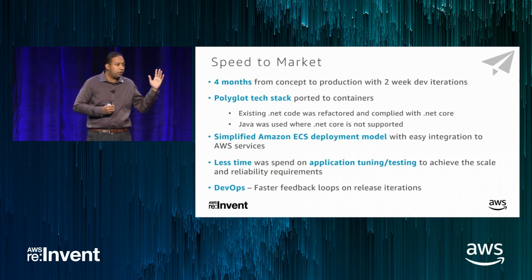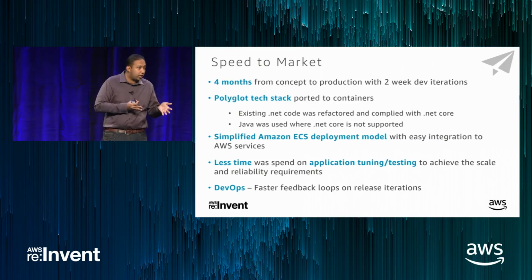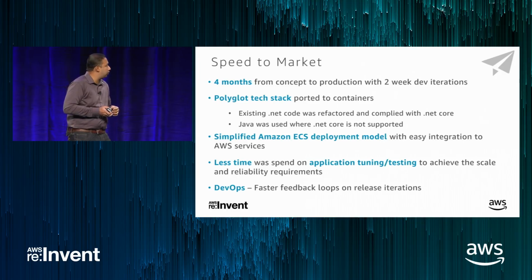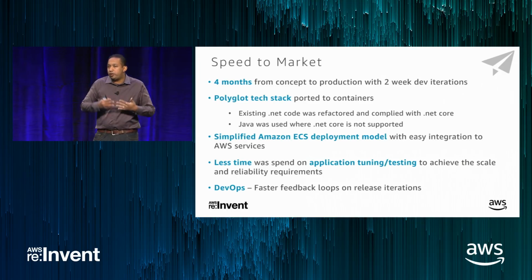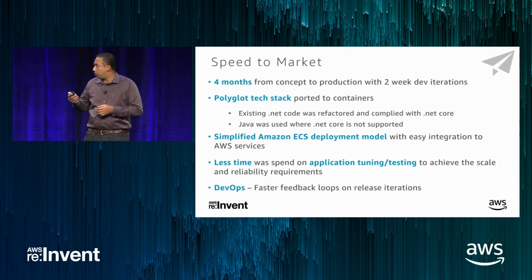So to hit these volumes, normally it takes a long time. But the good news is if you containerize this right and use ECS and the correct auto-scaling and task placement strategies, we almost got this out of the box. So this was a pretty significant point for us. And then finally, the DevOps integration: ECS integrating with our DevOps toolchain very easily really helped us. So that's speed to market.